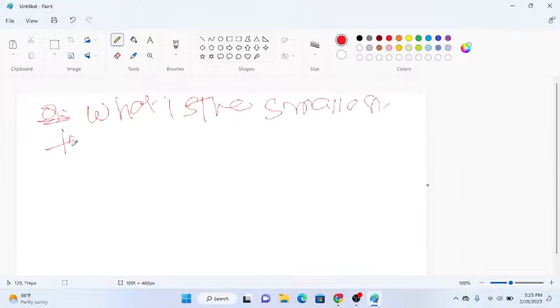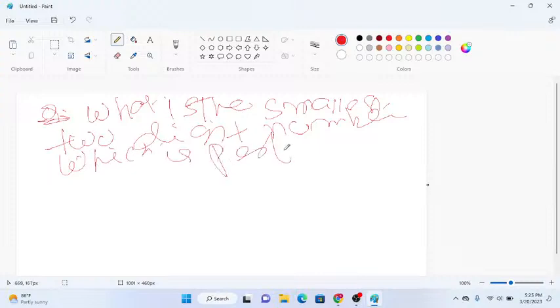Second question is: what is the smallest two-digit number which is a perfect square?